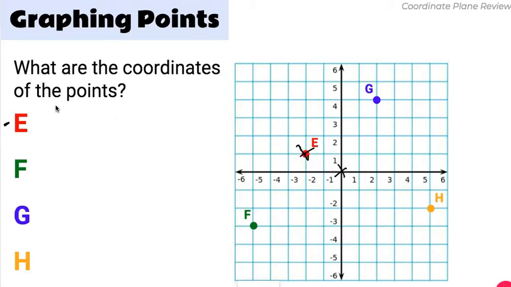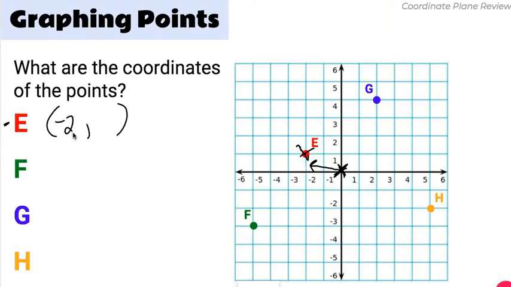Now the x-coordinate is our left-right movement. The y-coordinate is the up-down movement. So you just replace those letters with the number of spaces in which direction. So if I start at the origin, to get to E, well, if I move left and right, I would have to move to the left 2 places.